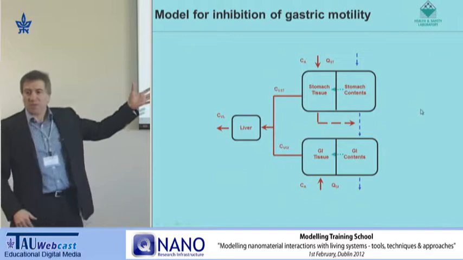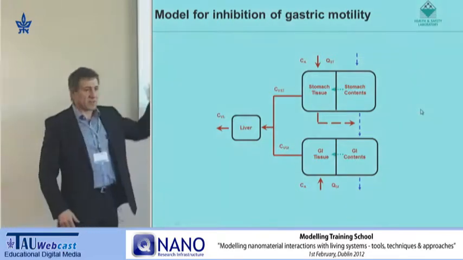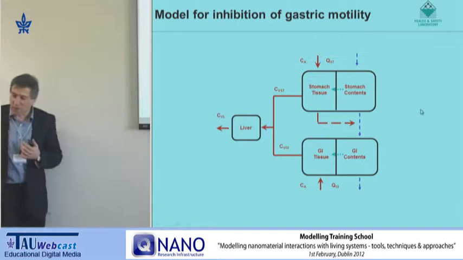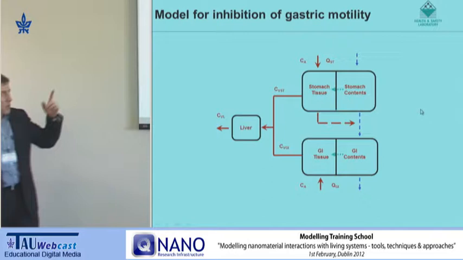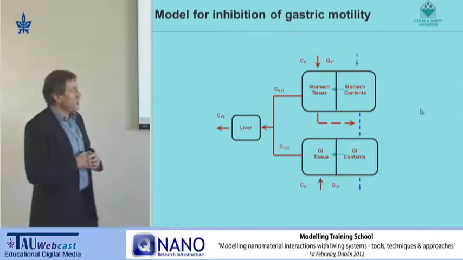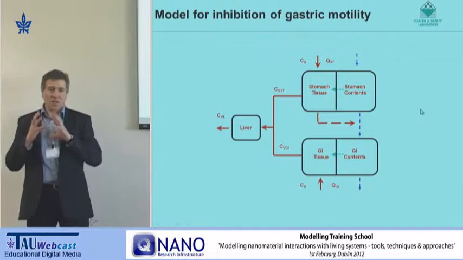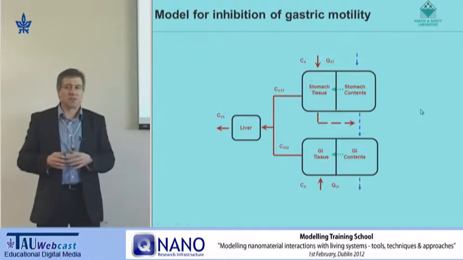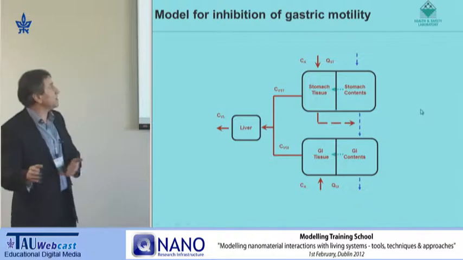So I described the biology to the mathematicians, and they came up with a simplified description of the uptake of substance from the gut. The broken blue line signifies the introduction of a bolus dose of something. A bolus means a large, sudden introduction of a drug or a chemical into the body, in this case the stomach.